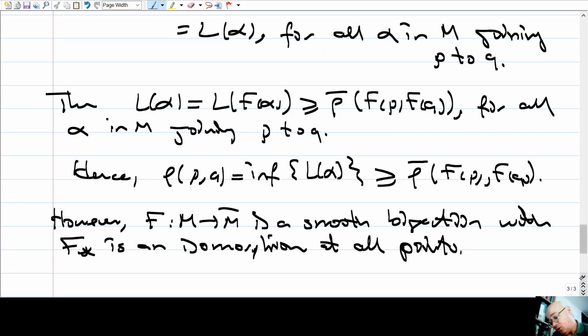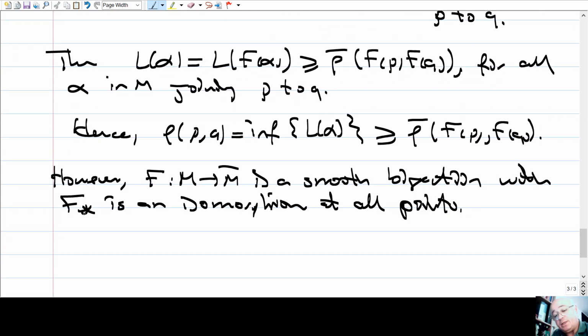So it's an isomorphism. But this means that f is a local diffeomorphism at all points. However, we know that f is a bijection, therefore f must be a diffeomorphism.